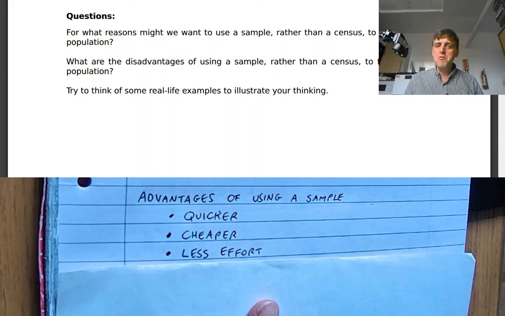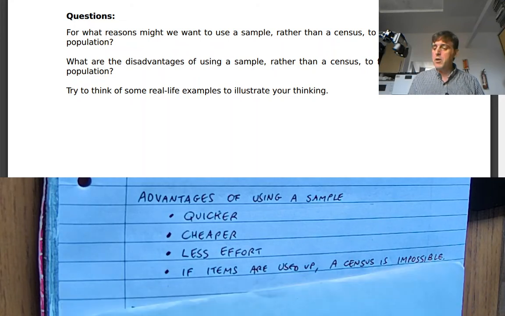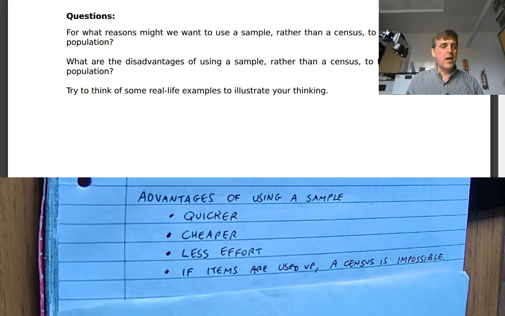One other thing that you might have thought of, which I think is quite an interesting one, is that a census is impossible if the items are used up as part of the testing process. So, for example, maybe I want to consider the life of the batteries in my calculator. So I might go to the battery factory. I might decide that I want to look at all of the batteries that are coming off the production line.